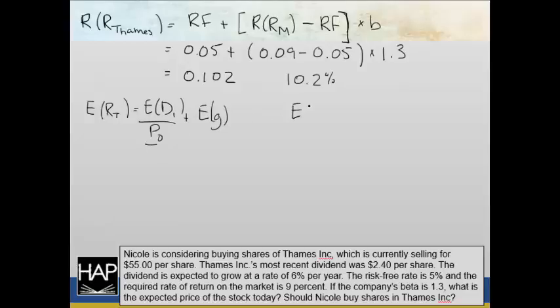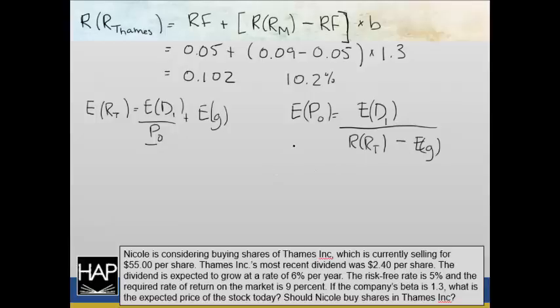So the expected price of the stock is equal to the expected dividend, the next one, over the rate of return on the stock, which is Thames, minus the expected growth rate.